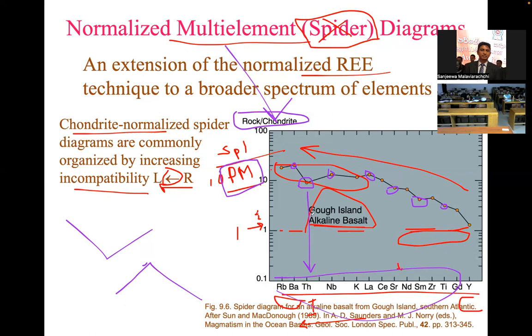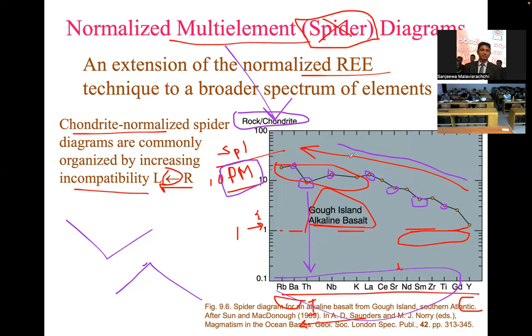But it doesn't matter, right? Definitely you will see almost similar pattern like that, but the relative enrichment or relative depletions might be different, because when you are taking the primitive mantle, the elemental compositions are different. So this will happen, but the overall pattern might not be changing drastically, right?